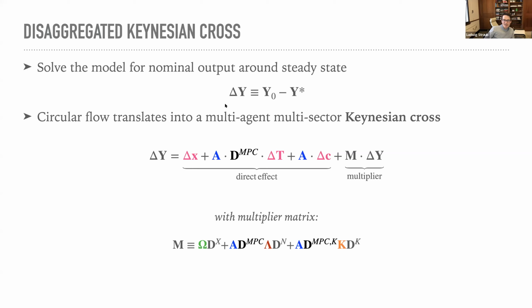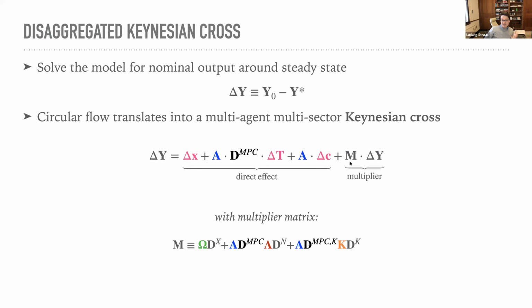If I denote by delta y the change in nominal output at day 0 relative to the steady state, we have a simple Keynesian cross-like equation. It's similar to the one Christina showed, where you have a direct effect that gives us the first round effect on aggregate demand across all sectors. And then we have a multiplier term, just like in the standard Keynesian cross, where this would be MPC.